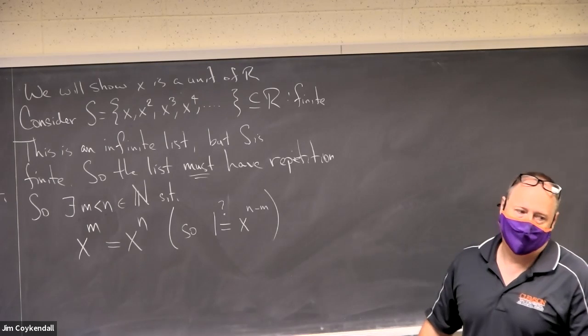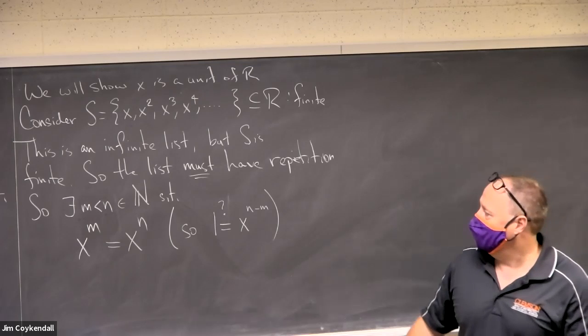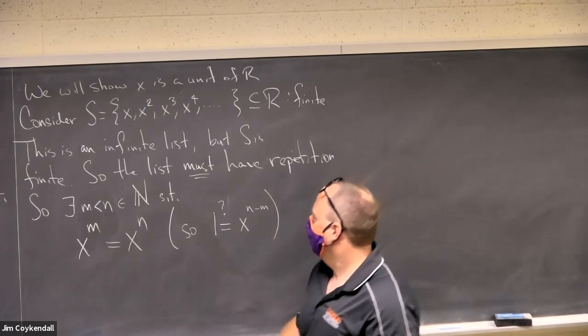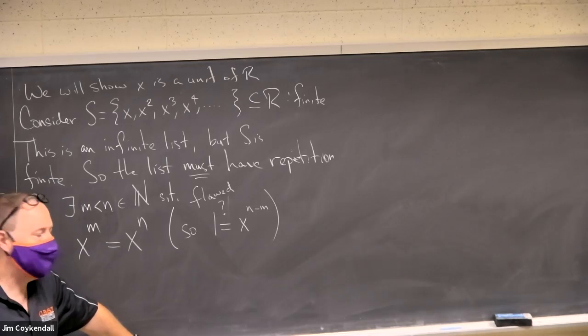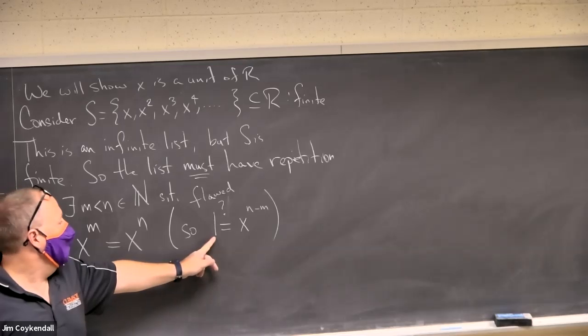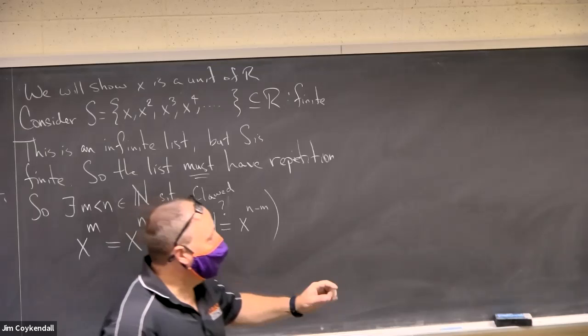But I can't do that. So tell me what the flaw is in this step. Why can't I just cancel? You don't know if there's a multiplicative inverse.